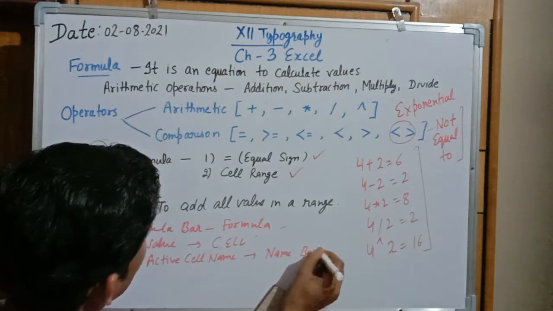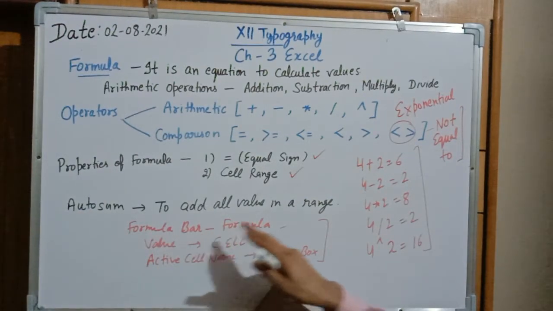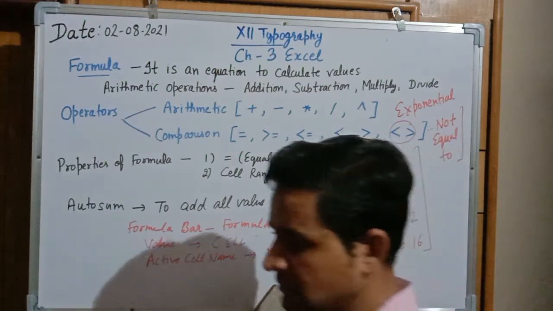These are three important properties. After calculating the value of formula, in the cell the value will be displayed, while the formula will be displayed in the formula bar, and the active cell name will be displayed in the name box.